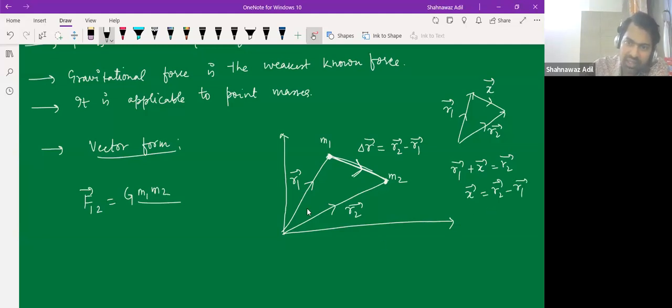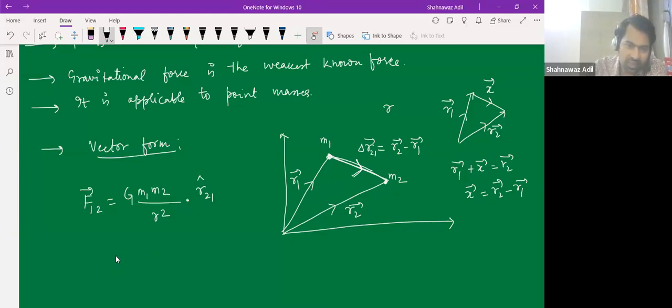And let's say I write the magnitude of delta R as R, right? So this would be R square, and the direction would be how much? That would be, let's say, delta R1 hat.